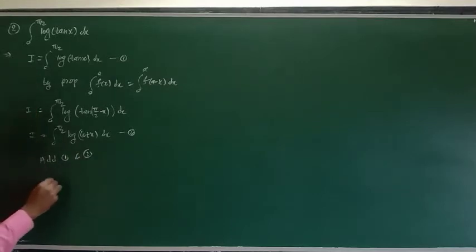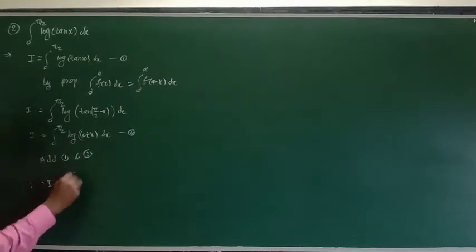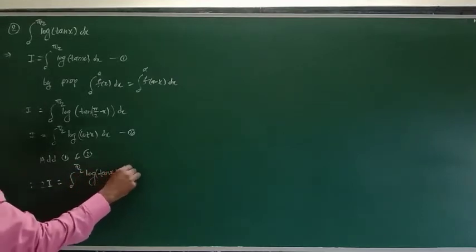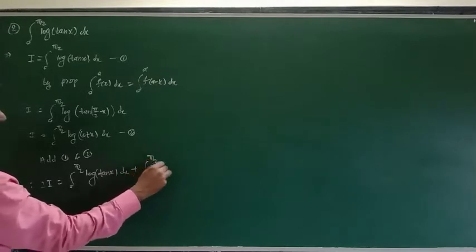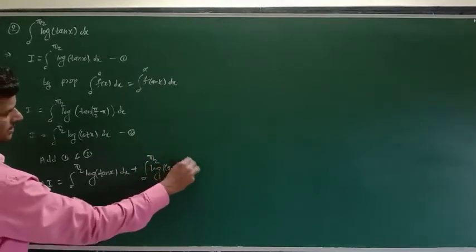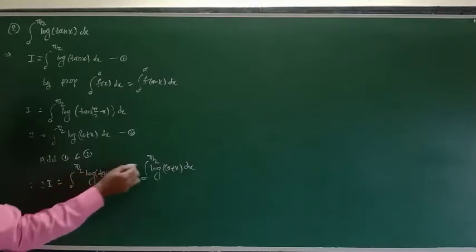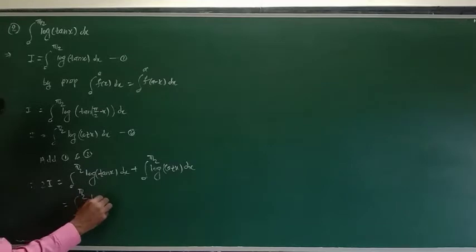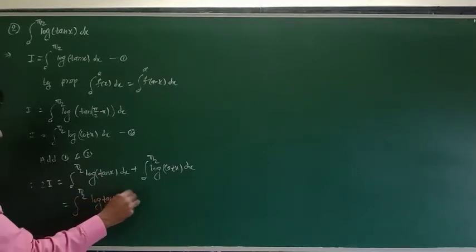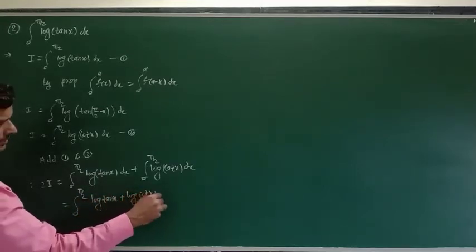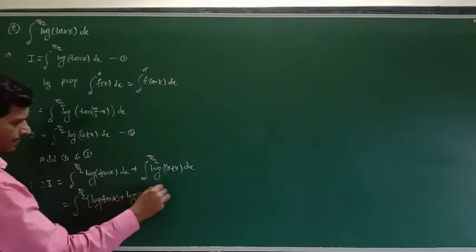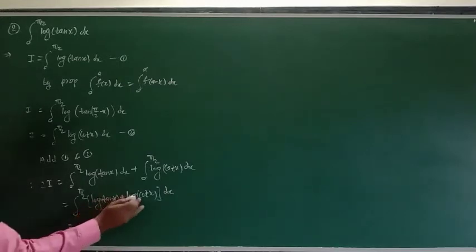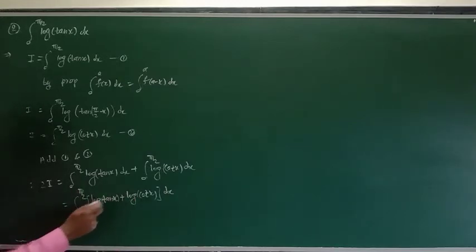On the left side what we get is 2I, which is equal to integral from 0 to pi by 2 of log of tan x dx plus integral from 0 to pi by 2 of log of cot x dx. Both the limits of the integrals are the same, so I write it as integral from 0 to pi by 2 of (log of tan x plus log of cot x) dx. What is the addition of these two logs?